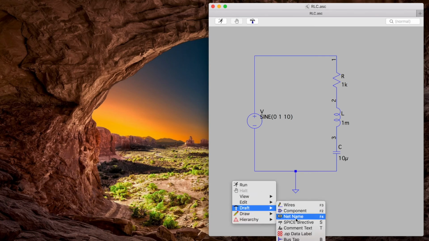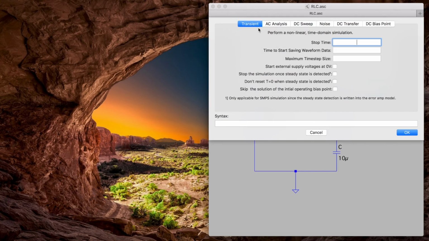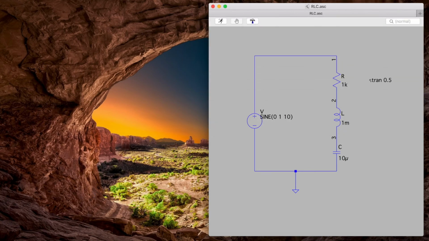Then configure the SPICE directive with .tran and the stop time of 0.5 seconds. And now run.